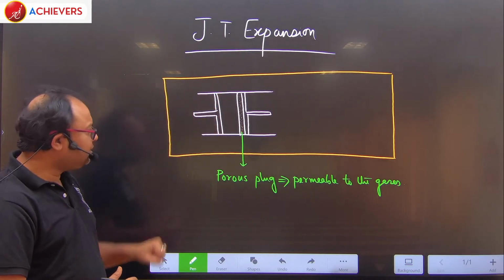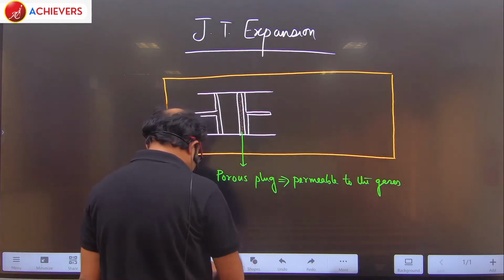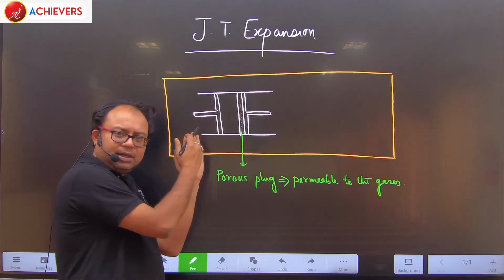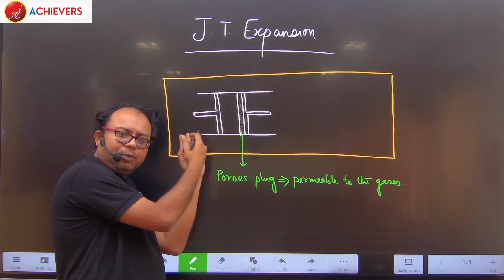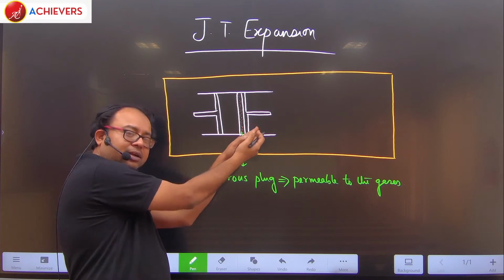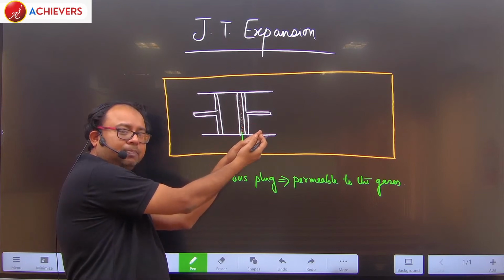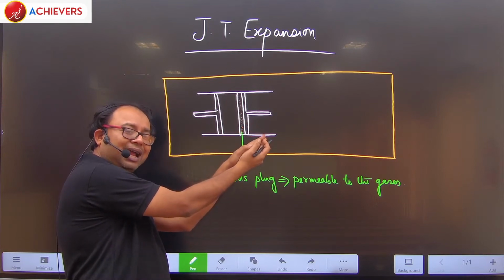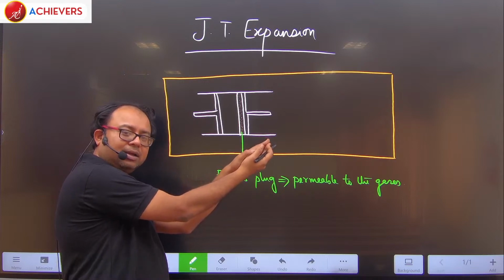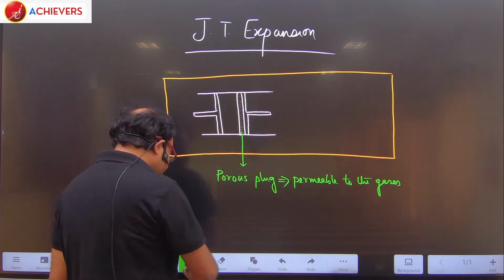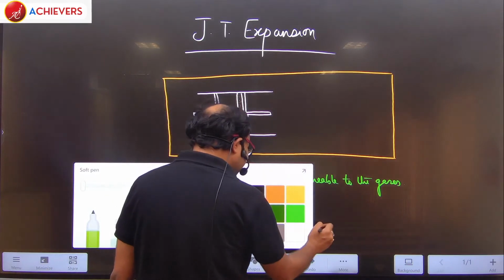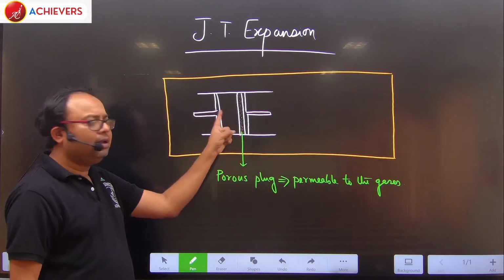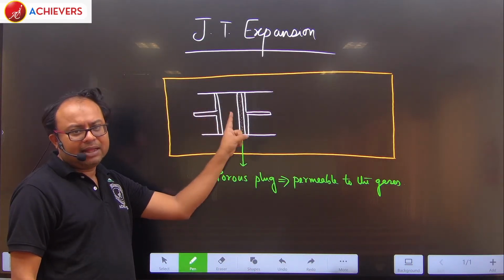So what we have? See, this is a frictionless piston. It is on the left hand part of the porous plug, and this is another frictionless piston which is on the right hand part of the porous plug. Now you can see there is a gap between the left hand piston and the porous plug.